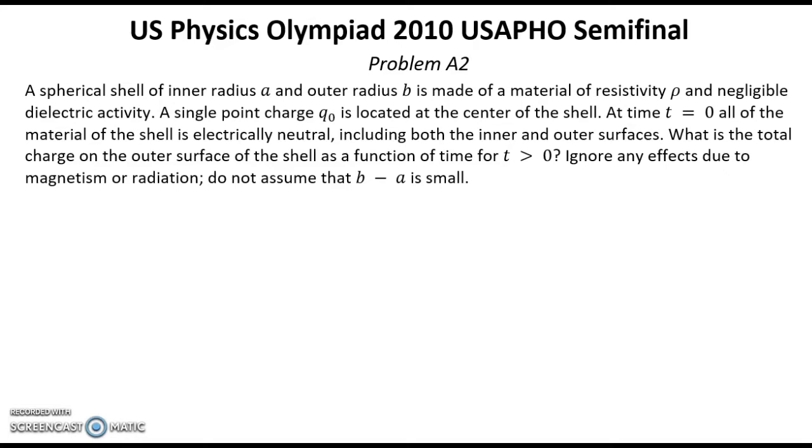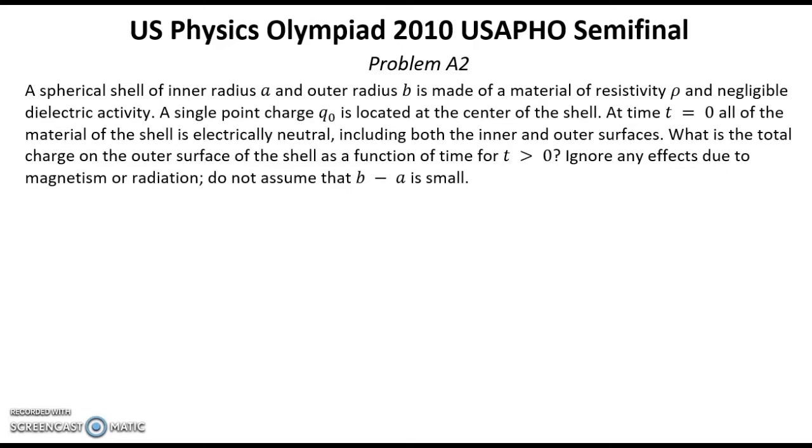US Physics Olympiad 2010 Semifinal. Problem A2. The spherical shell of inner radius A and outer radius B is made of a material of resistivity ρ and negligible dielectric activity. A single point charge Q0 is located at the center of the shell.